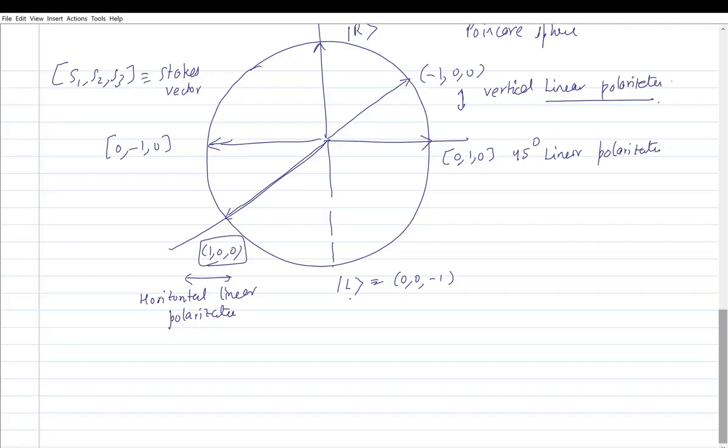Certainly, each of these directions also defines the direction of the projector. So I can have a projector in the n direction, and that's going to be essentially, if you do the math, cosine squared theta by 2.